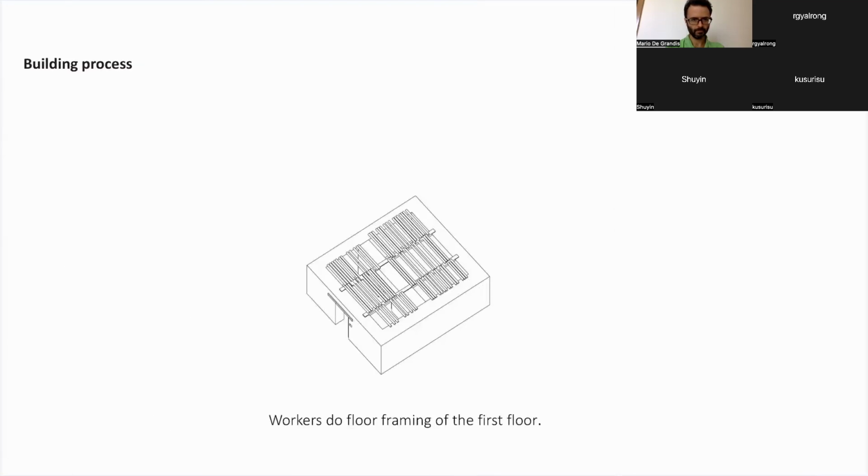When the wall rises to around 3 meters during construction, workers begin to do the floor framing for the second floor. Then they can take apart the lower scaffolds and use the floor framing of the second floor as a working platform.